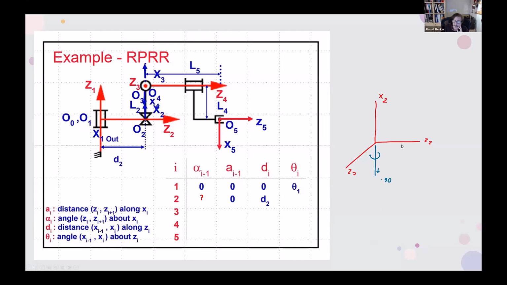So you see, if I use my right hand, let's close Z2 over Z3. My thumb is going to show downwards, not in the direction of X2, but in the direction of negative X2. Therefore, I am going to put a minus sign in front of my angle here. So it's going to be -90.